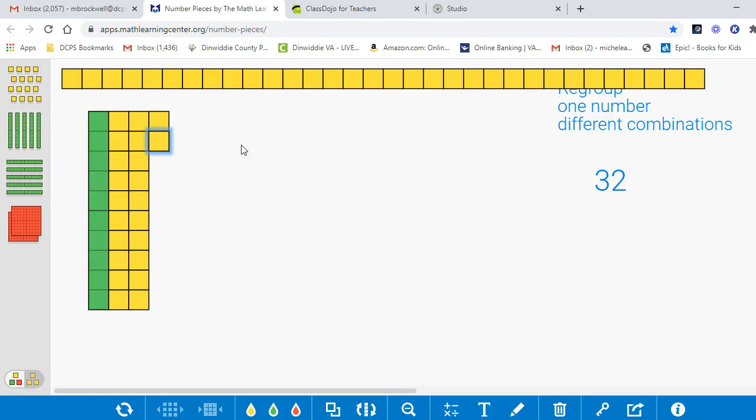Okay, I didn't need as many cubes that time, but I still did the regrouping.